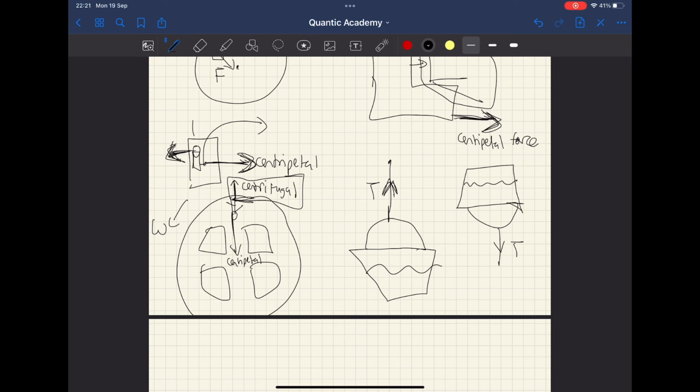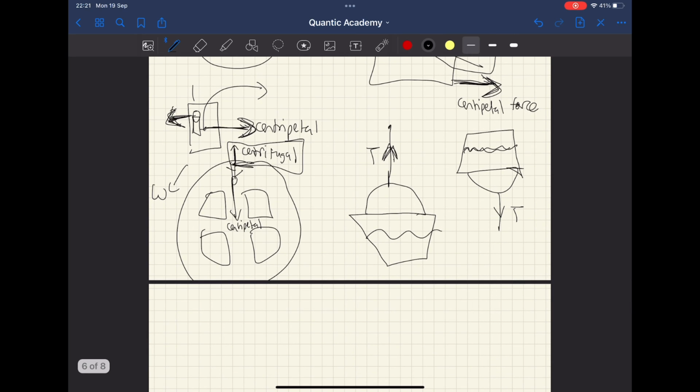But the water is not bolted to the bucket. It's not stuck to the bucket. It's free to move. So the water doesn't experience the centripetal force. Instead, what's actually happening is the bucket is being accelerated this way, the water is not, so it feels like the water is being forced this way, even though it's not. From its reference frame, it feels like it is.